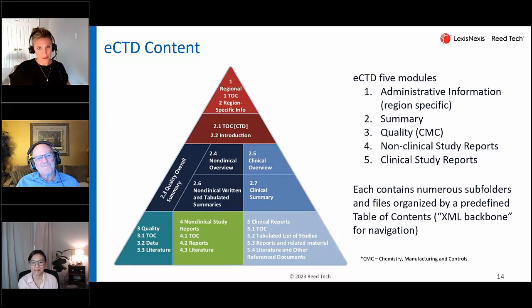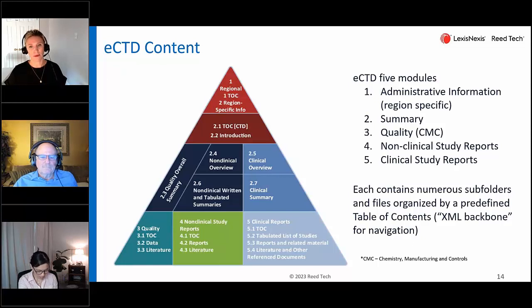Yeah, so this is a pretty popular triangle if you've done any research into eCTD at all. And this really shows in a picture the different sections, or modules as we call them, in the eCTD. So it's broken down into 5, and as you see here, it's color-coded based on modules 1, 2, 3, 4, and 5.